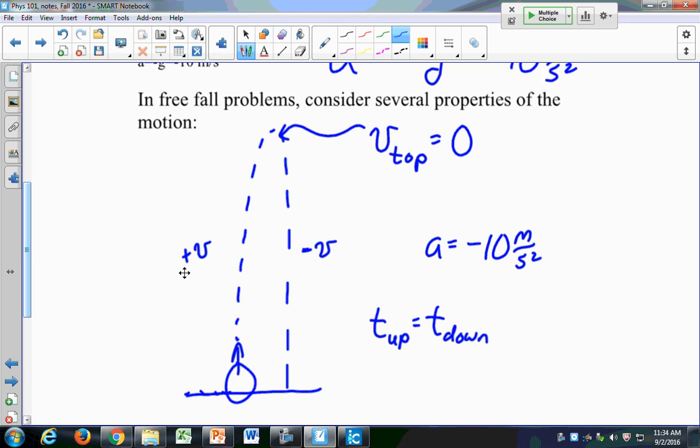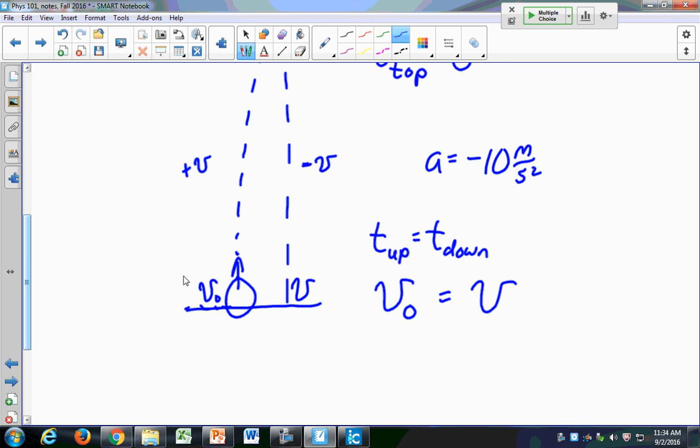So if I call this v naught, and this v naught will equal v. Or really, to be more correct, I'm going to put absolute value bars. What's that, William? Right before it hits the ground. We'll always talk about the speed here as being right before it hits the ground, and the speed here as being right before it leaves your hand, or it leaves whatever it is that's projecting it.